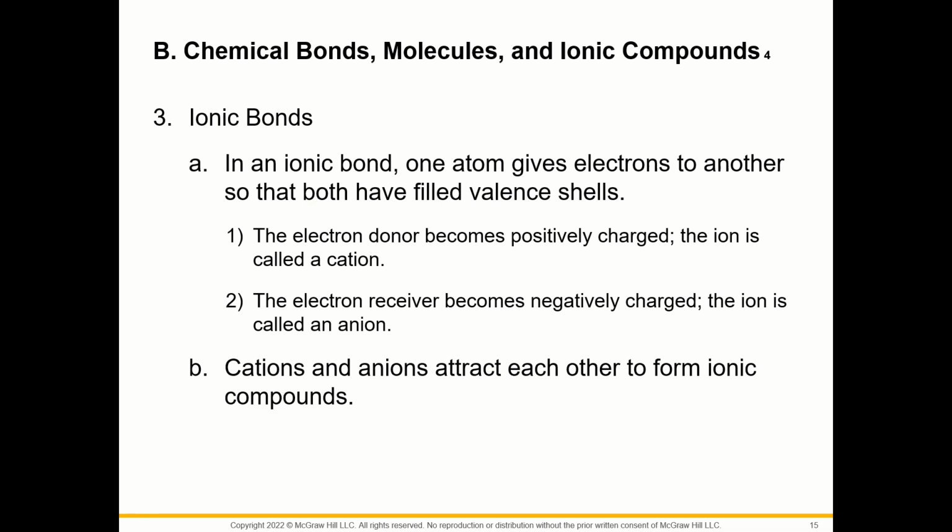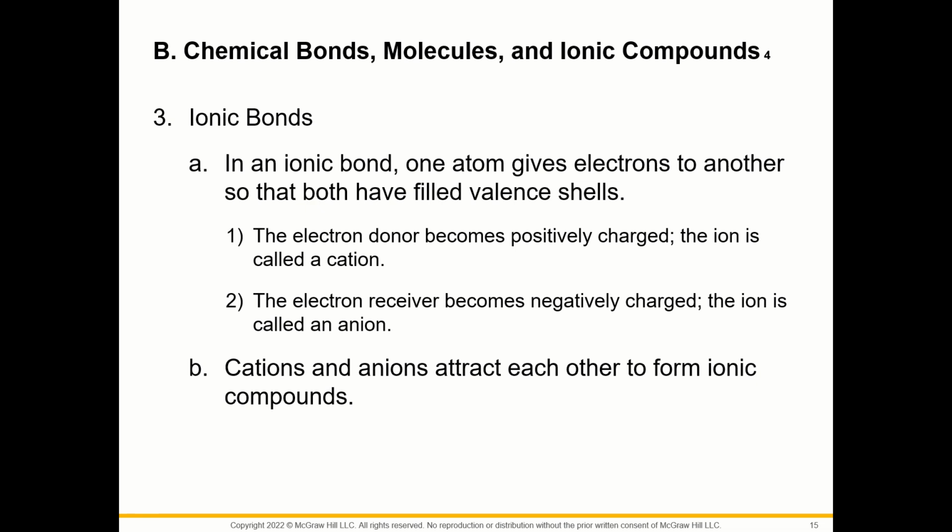Okay, ionic bonds are our next type of bond. In an ionic bond, one atom gives electrons to another so that both have filled valence shells. The electron donor becomes positively charged, and the ion is called a cation.